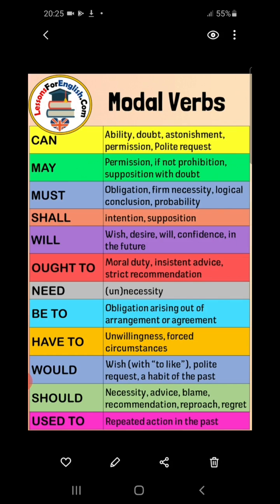When you realize, when you recognize. Next, used to. Repeated action in the past. So something which had repeatedly been performed in the past, that sort of action which had been carried out in the past, for that used to is used.